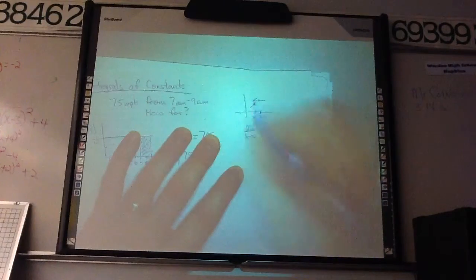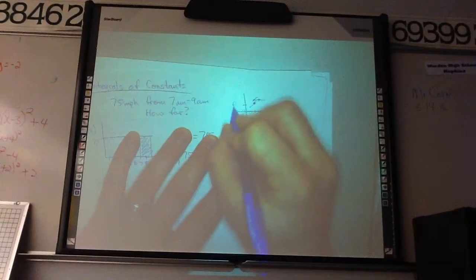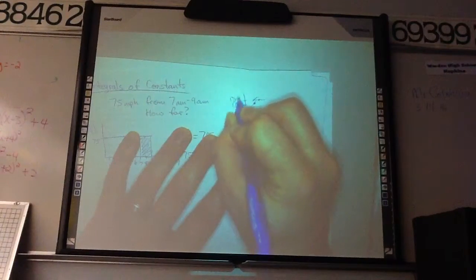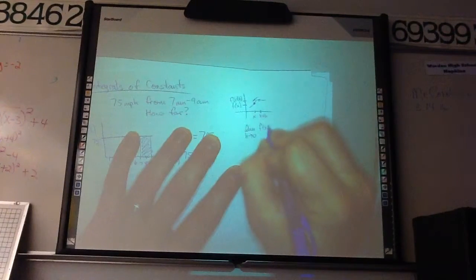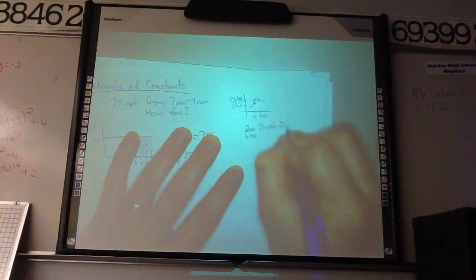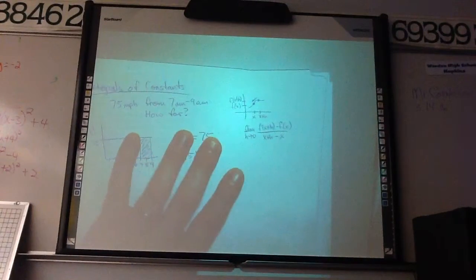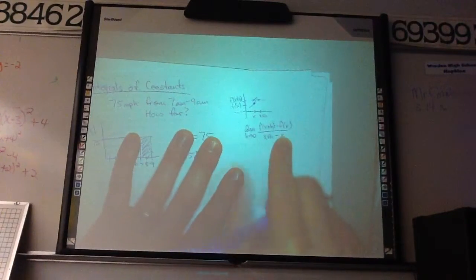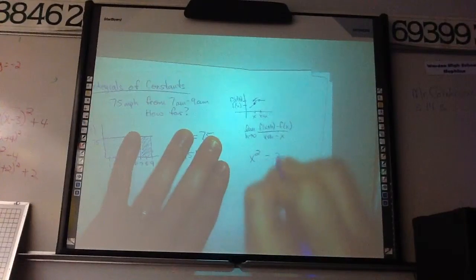And then we did the slope. The rise would be f of x plus h, right? So we did rise over run, so we did y minus y over x minus x. Remember that? That is the derivative. Later we learned all those little tricks, like if I do x squared, the derivative of that is 2x.